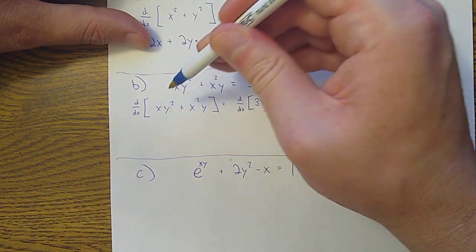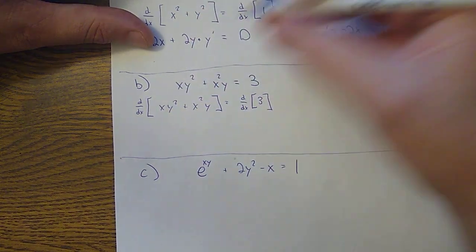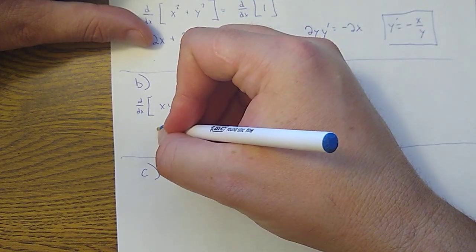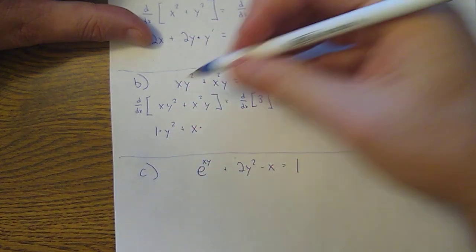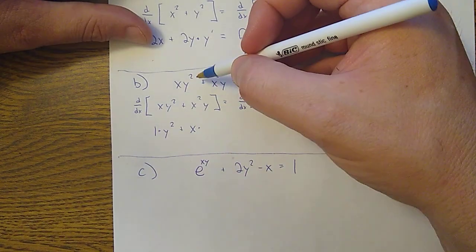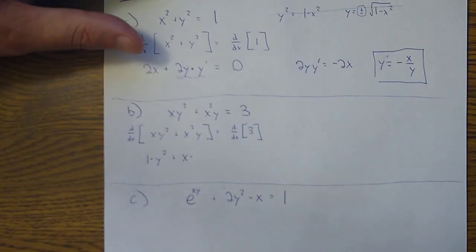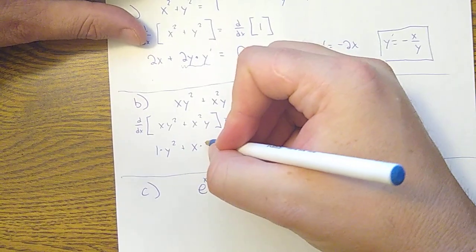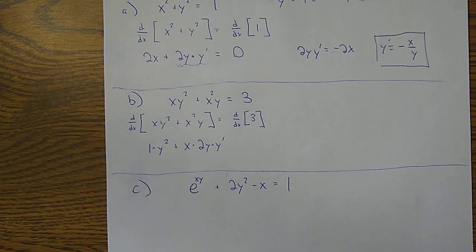This is like the product rule. Let me do the easy part first. I do the derivative of x, which is just 1. And then it's going to be x times the derivative of y squared. The derivative of y squared is 2y times y prime.